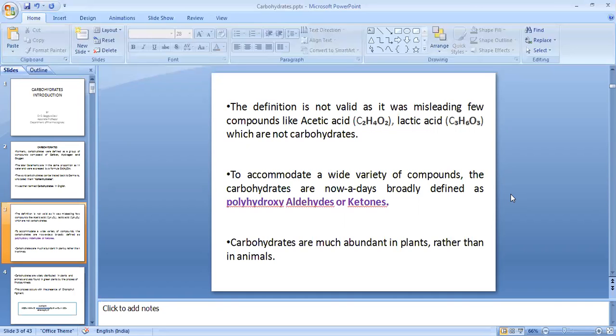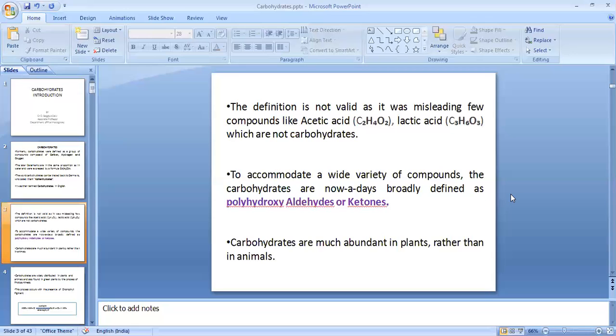So later, to accommodate a wide variety of compounds and to remove that misleading, carbohydrates are defined as organic compounds consisting of polyhydroxyaldehydes or ketones joined together by 1,4 or 1,6 linkage, which on hydrolysis give the same.